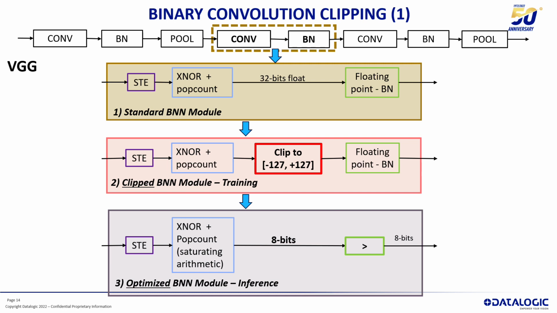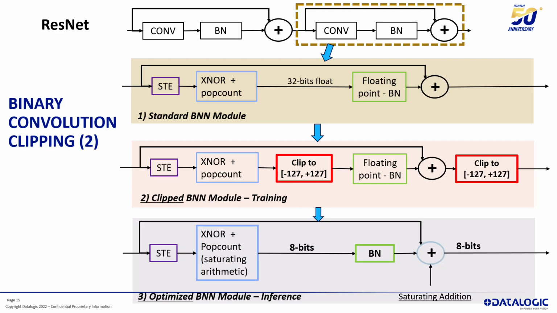And then there is the well-known conversion in literature that replaces, for the VGG model, the batch norm between 2 binary operators with a threshold operation in fixed point. The situation is pretty similar for residual blocks.